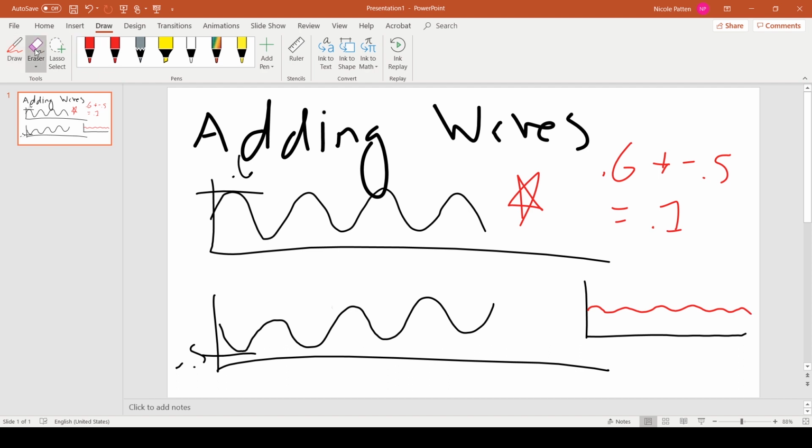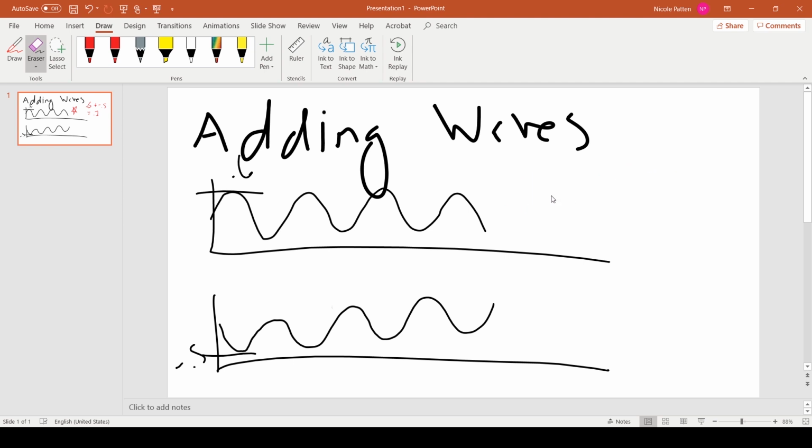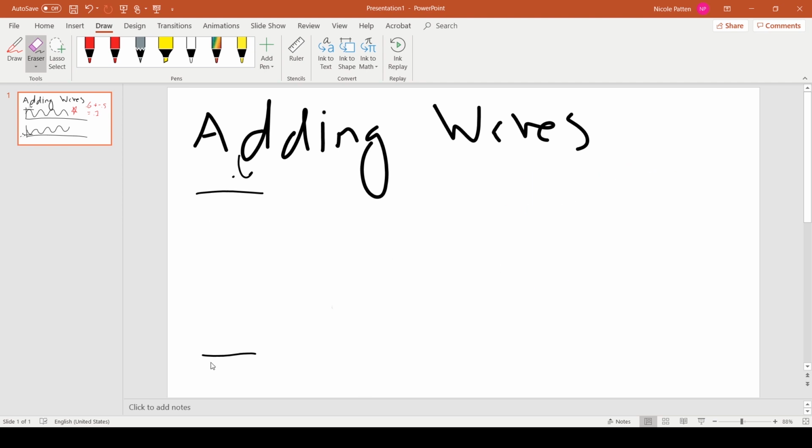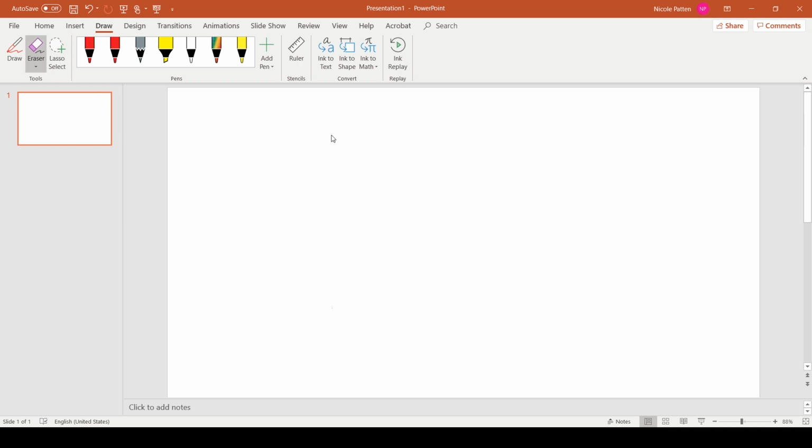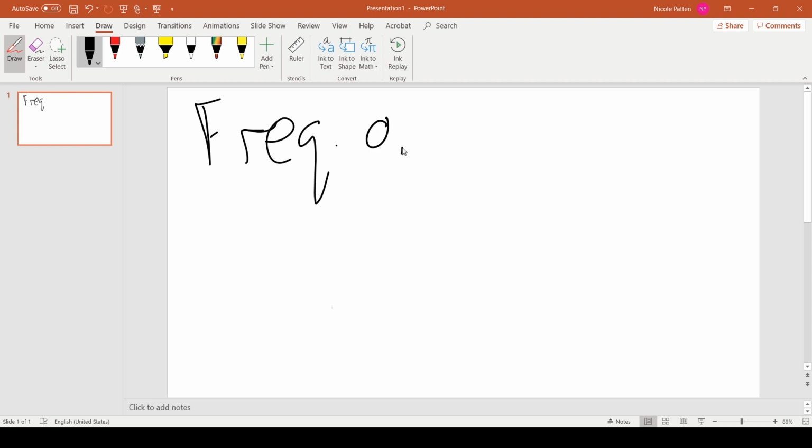What do I want to move to next? Oh, how we can figure out the frequency when we're not right on the mark. All right. It just adds one more step. Okay, so frequency when we're off the mark, pretty easy.